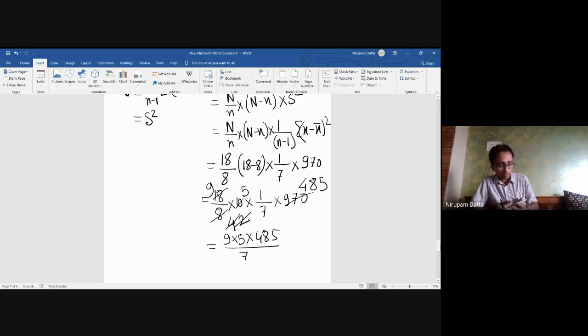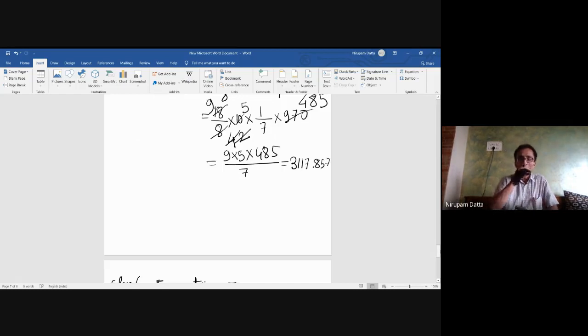So this gives me 311.857. Okay, so this is the variance of the estimate, not the sample mean, variance of the estimate, that is the population estimate which we have made.